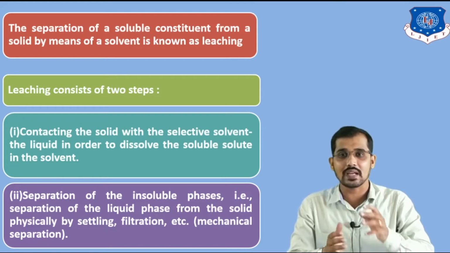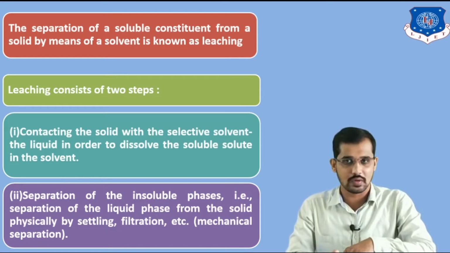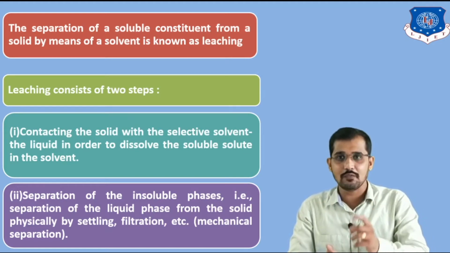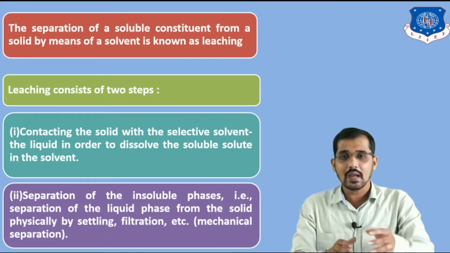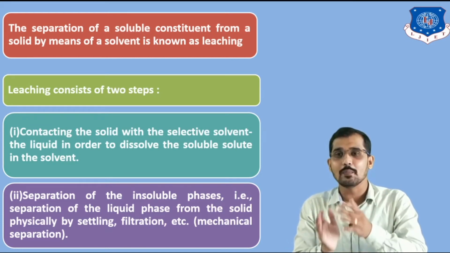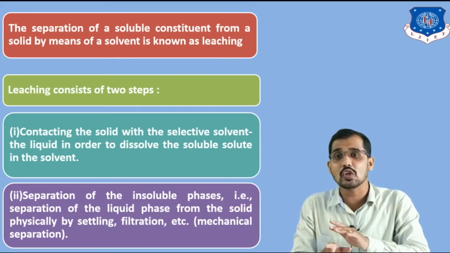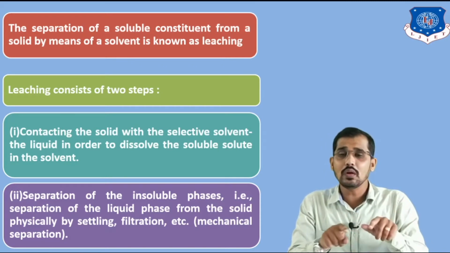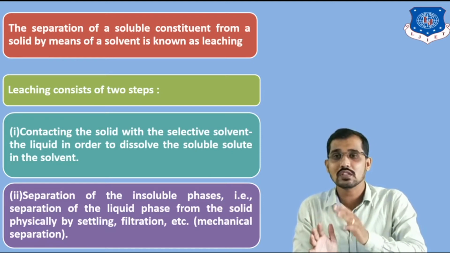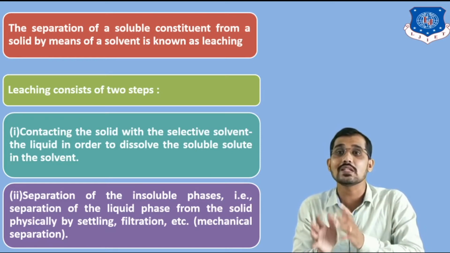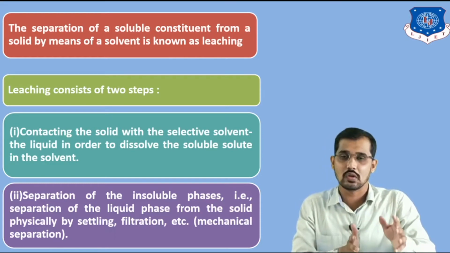In leaching, we are extracting some components from the solid by using an extracting solvent. In the first step, we are just contacting our whole solid with the solvent. In the second step, whatever remaining part of the solid is insoluble in that solvent is known as the insoluble, and we are separating that insoluble from the remaining solution or solvent.